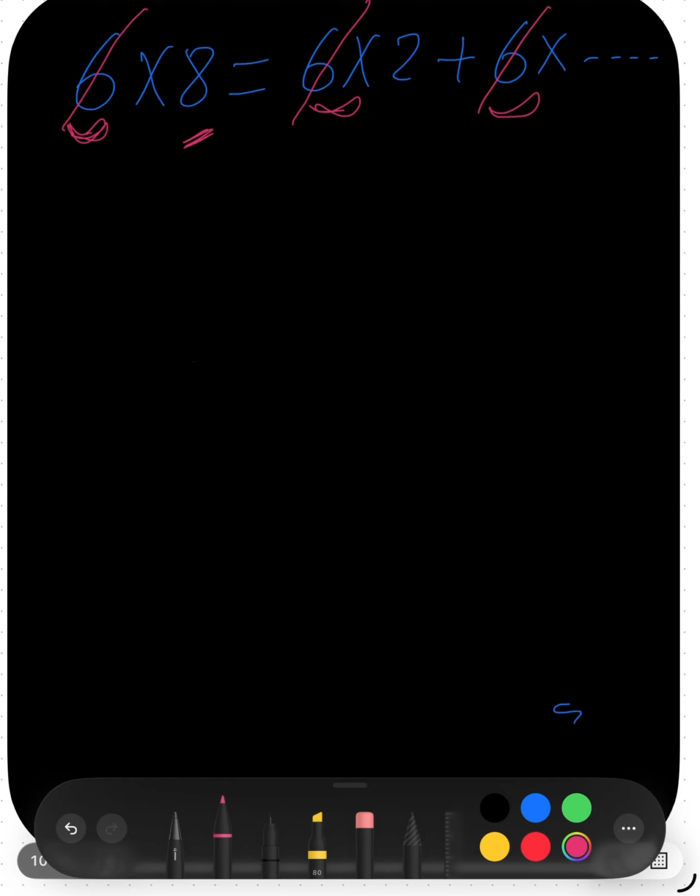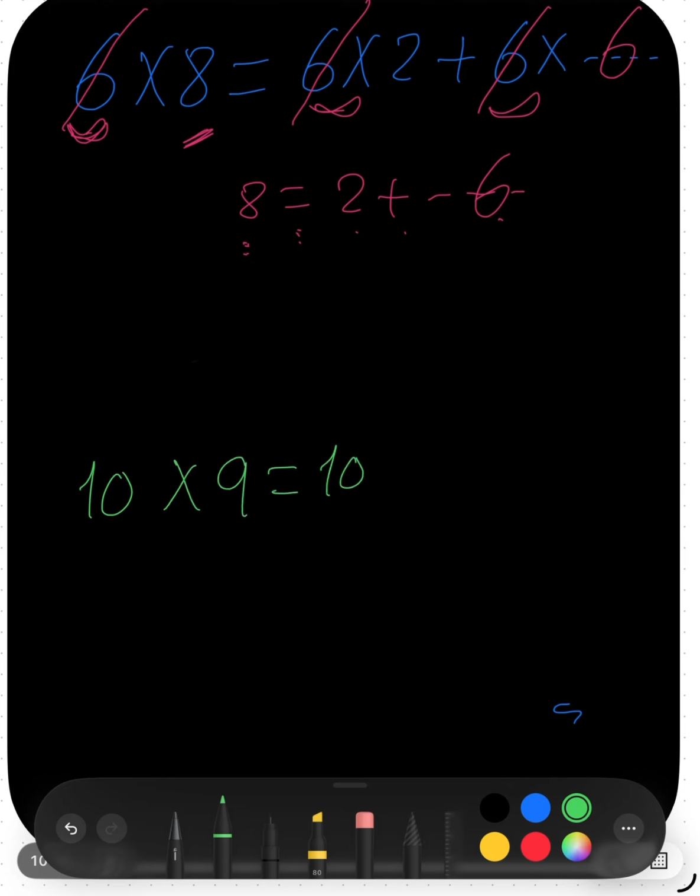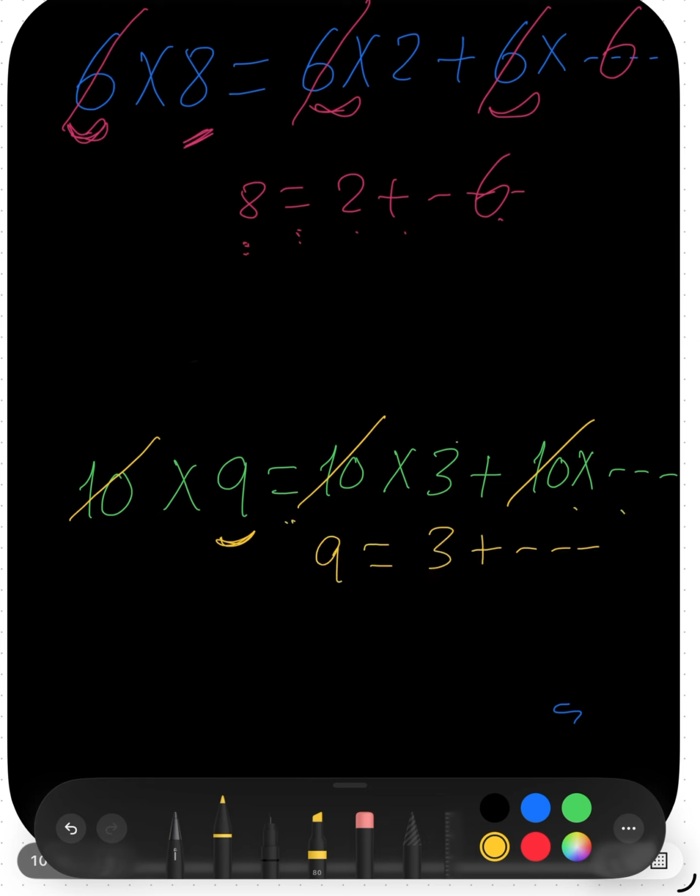Here we have 8 equals 2 plus what? 2 plus 6, so here we write 6. Another example, 10 times 9 equals 10 times 3 plus 10 times what? In the same way, we cancel the common number, which is 10. Here we have 9 equals 3 plus what? 3 plus 6 again.